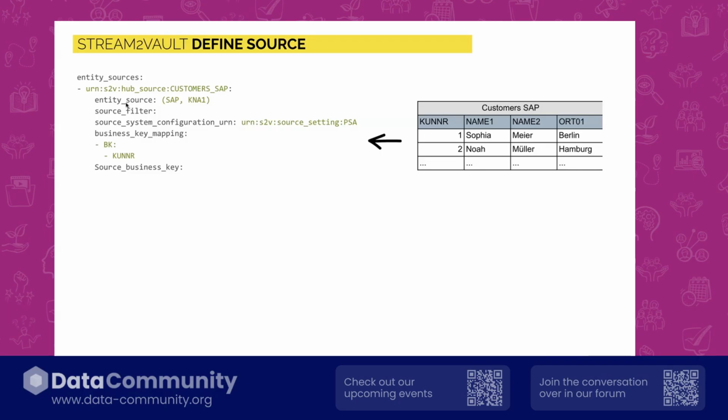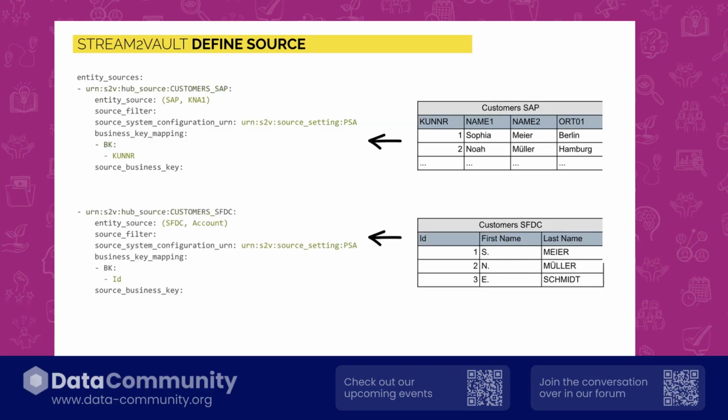Here we do it by entity source, and this is a tuple, in this case a schema and table name. This is a standard table for SAP customer data, where we map the column called KUNNR, you see the IDs on the right-hand side, towards the key we defined on the top, which is named business key. It's quite simple, but your templates could get quite long if you plug many sources.